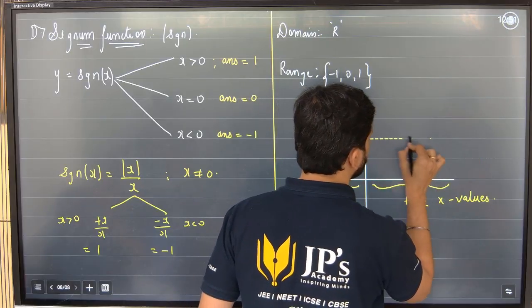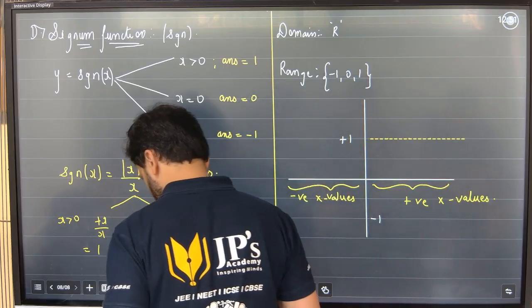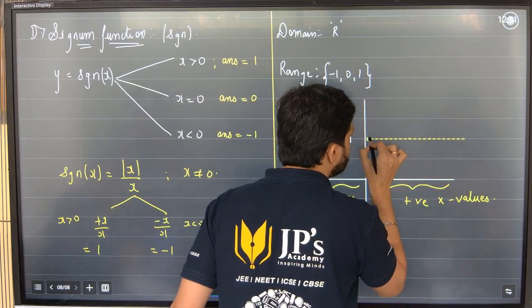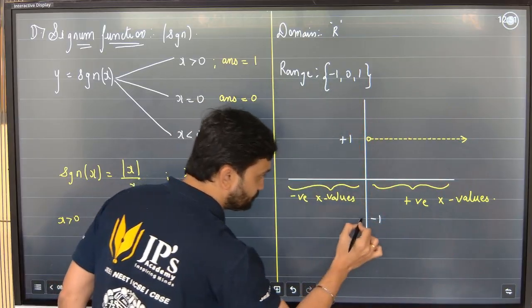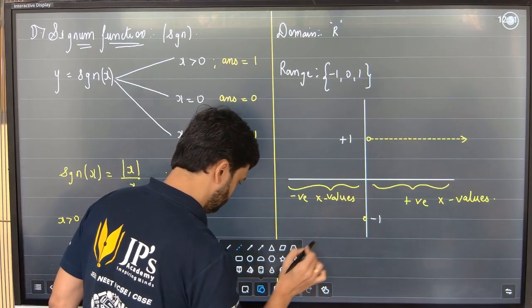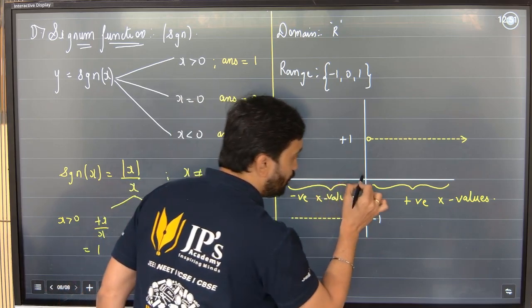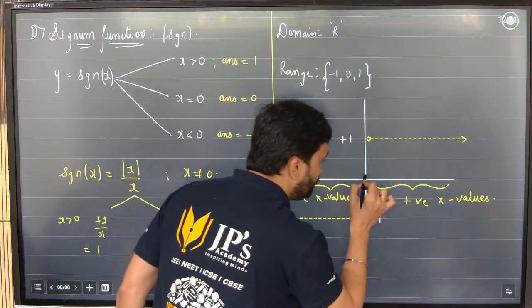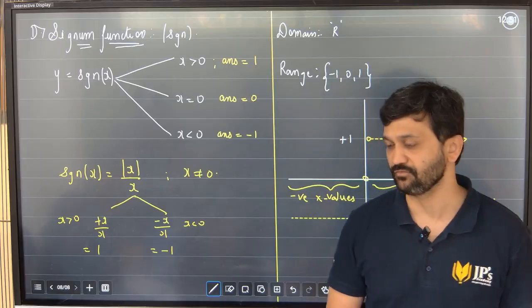This will be the answer. This is the graph. Okay. This is my graph for this. And if x is negative, then this is my graph. And when x is 0 my y is 0, and this is the actual graph of signum function.